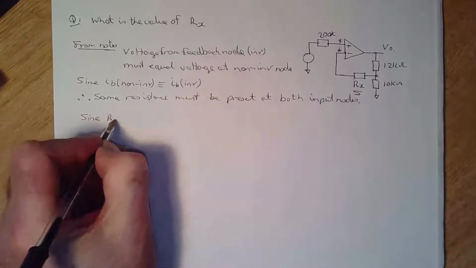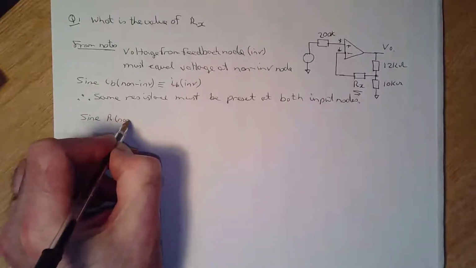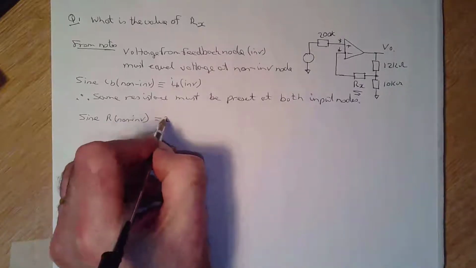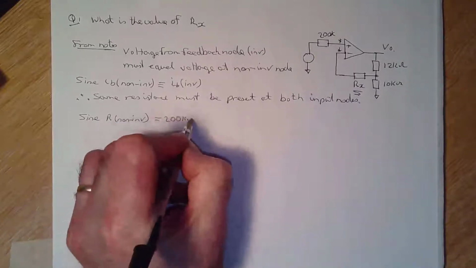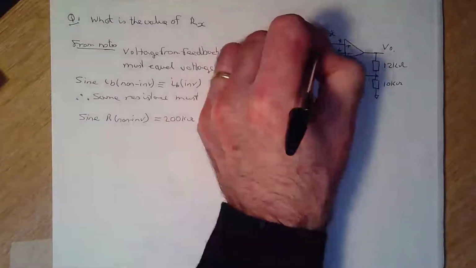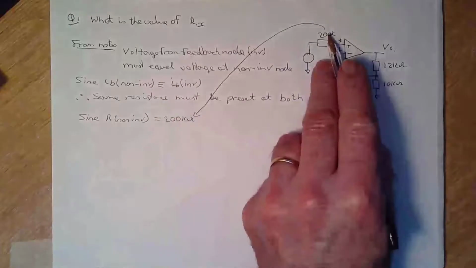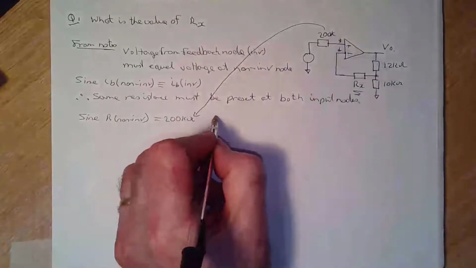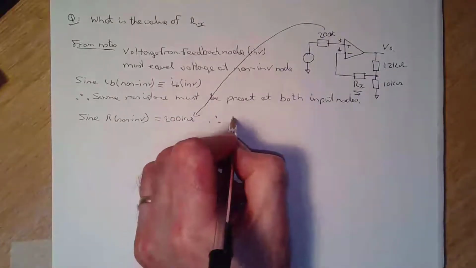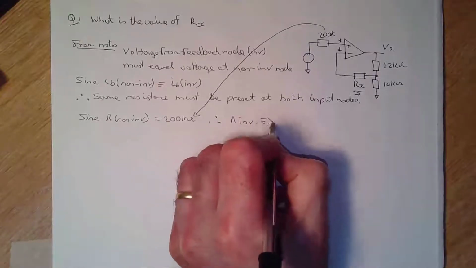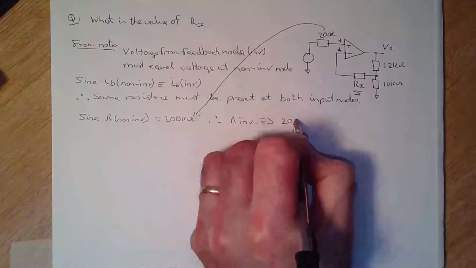Since R non-inverting equals 200 k ohms, from this resistor up here, therefore R inverting must equal 200 k ohms.